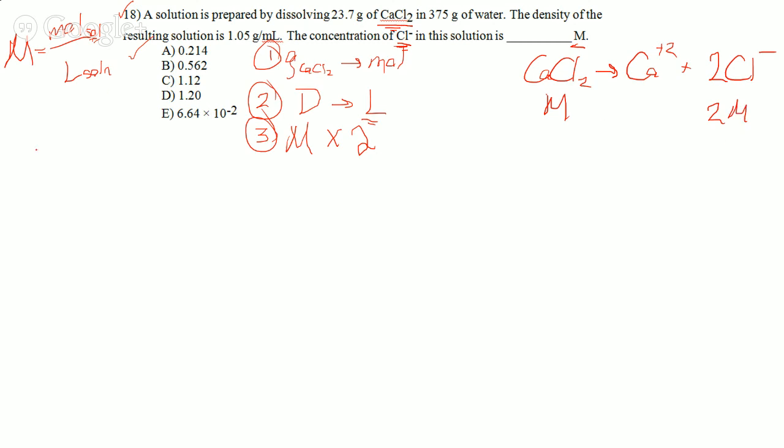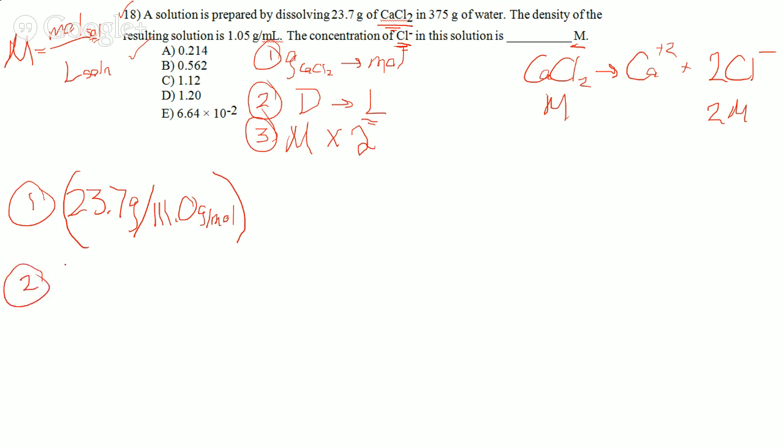All right, so let's do the work. We do 23.7 grams divided by the GFM of calcium chloride, which is 111.0 grams per mole. So that's going to be our number of moles. Again, I like saving all my math steps for the last.